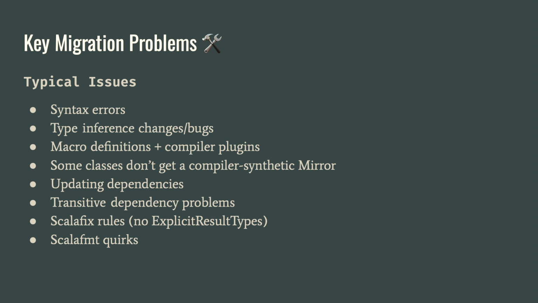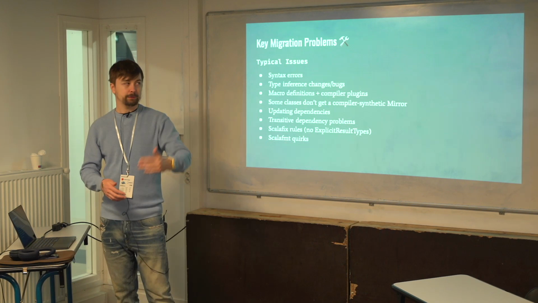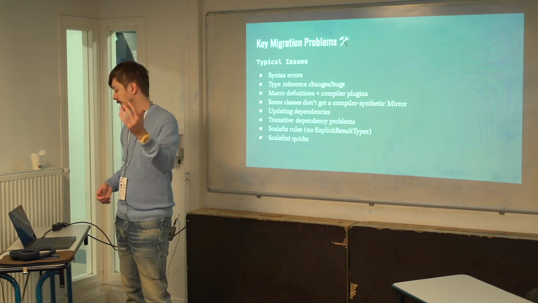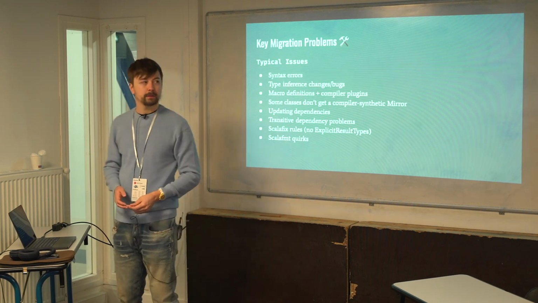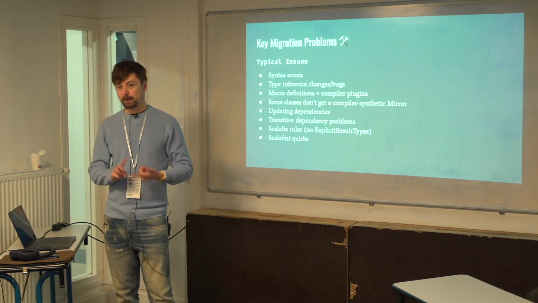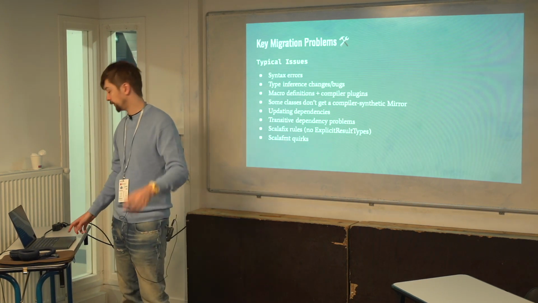So that's to be expected if you depend on that. Then obviously you have to update any dependencies or resolve transitive dependency conflicts. And there might be changes in the way Scalafmt, so linting or formatting, works, and Scalafix changed a bit.